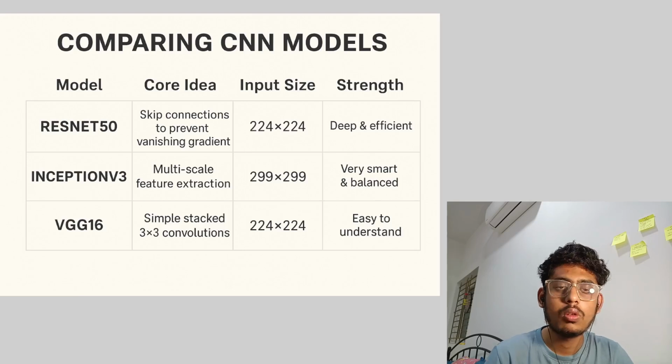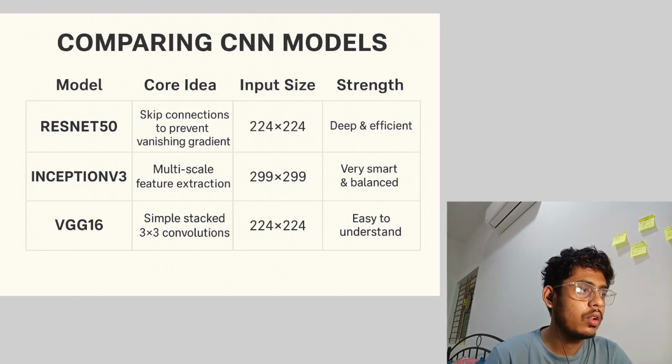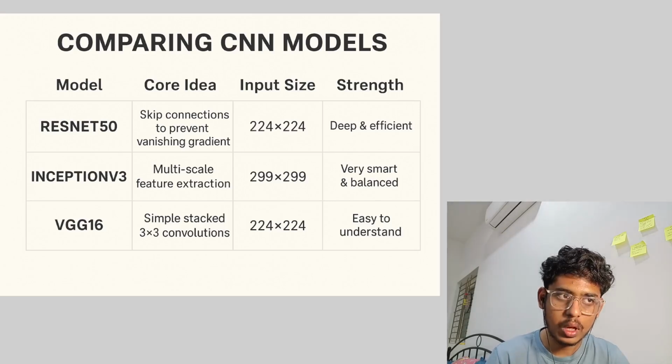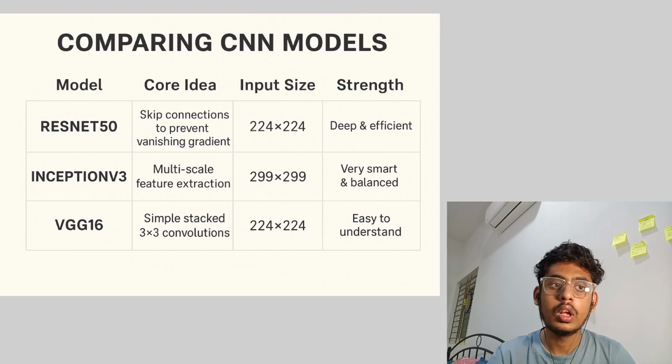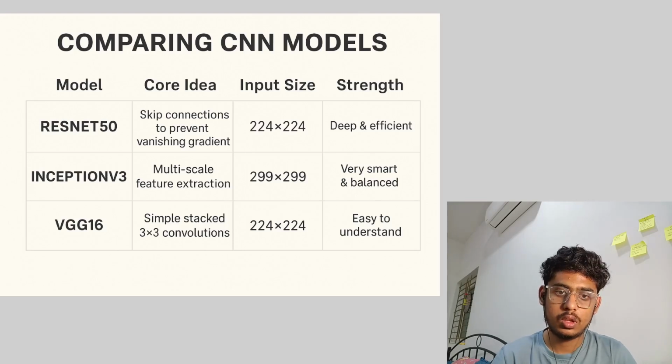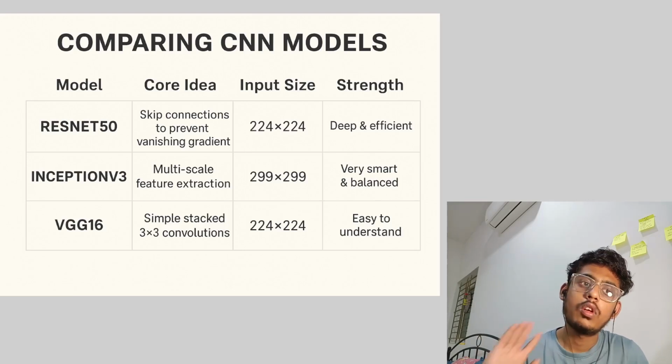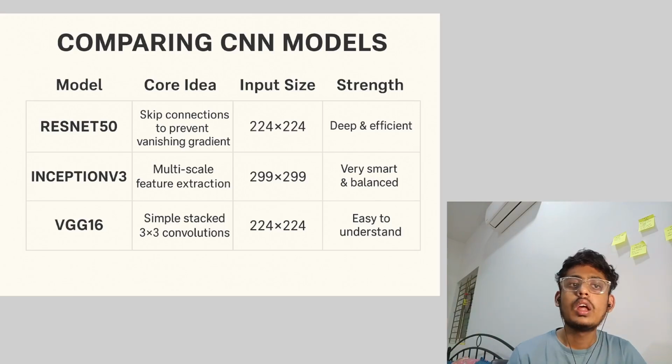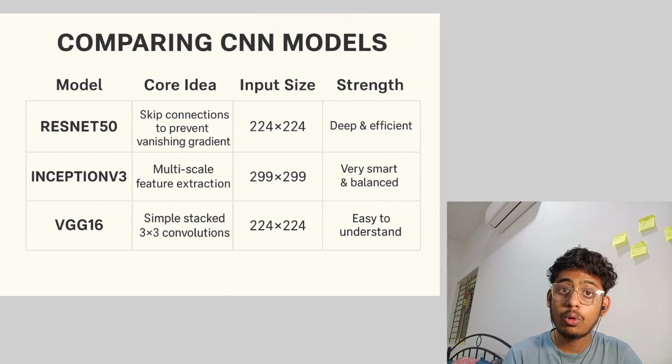In order to make myself clear, what does ResNet mean? It's just skip connections. We know that every node in the first layer will be connected to the second layer, but sometimes some nodes will be skipped in order to avoid the vanishing gradient problem. So what is the vanishing gradient problem?